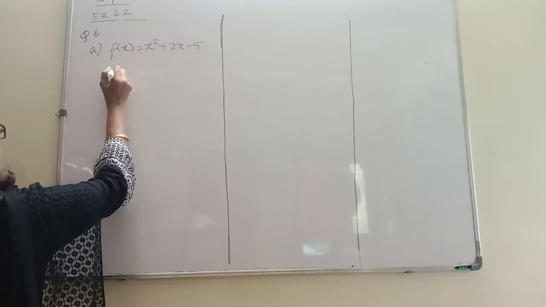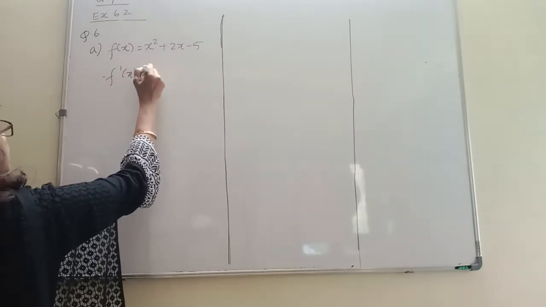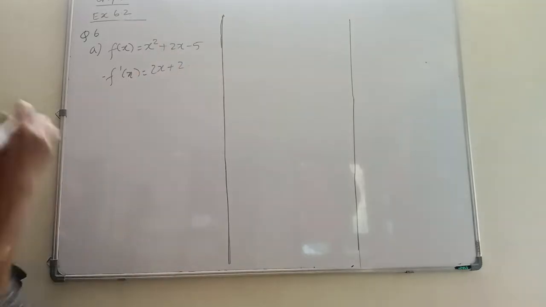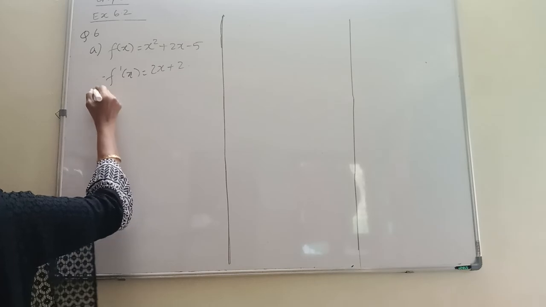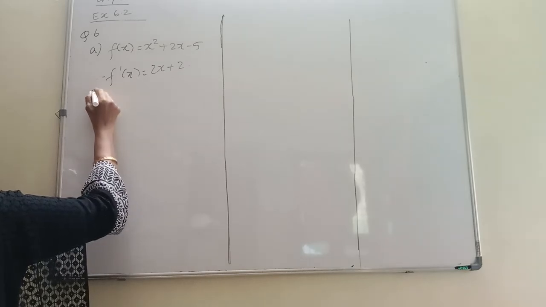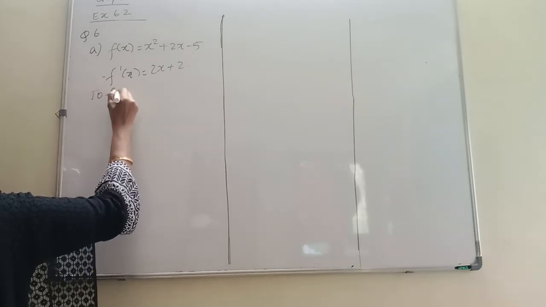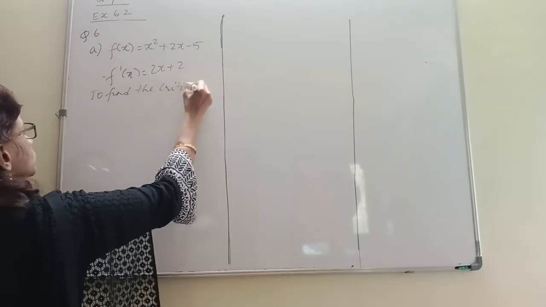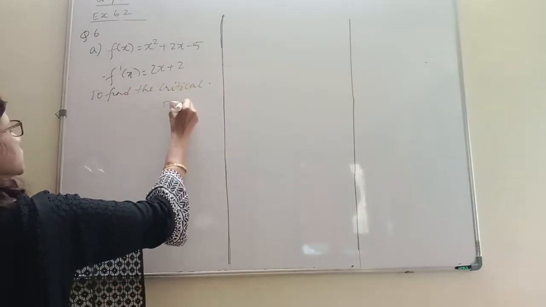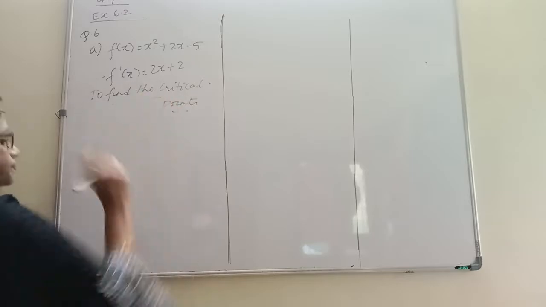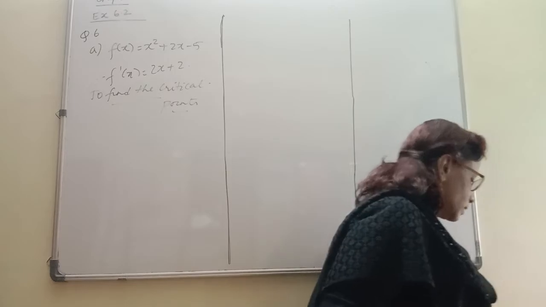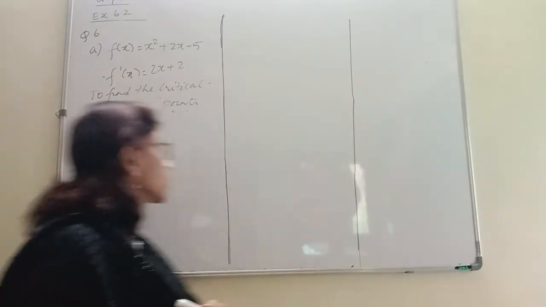Our next step is f dash x. That is the derivative of x squared, which is 2x, plus the derivative of 2x, which is 2 into the derivative of x. The derivative of x is 1, so it is 2x plus 2. Now because we don't know the interval, let's find the critical point.